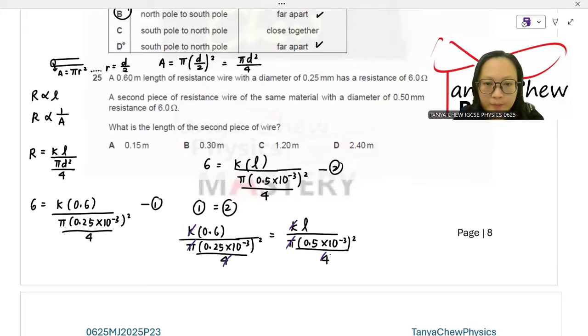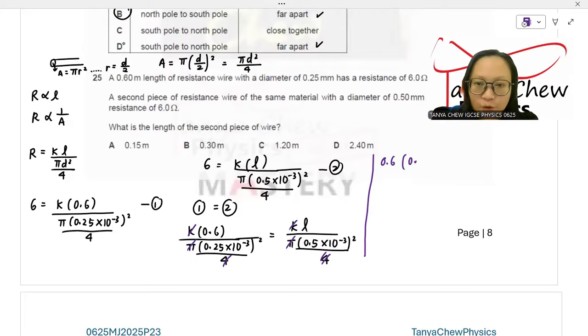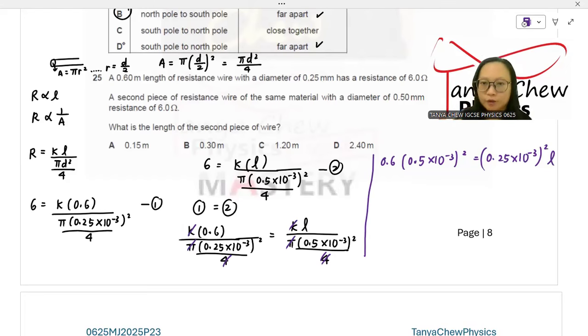And then I do my cross multiplication. So this is 0.6 times (0.5 times 10 to the power negative 3) squared, is equal to (0.25 times 10 to the power negative 3) squared times the length. So let me do my calculation.